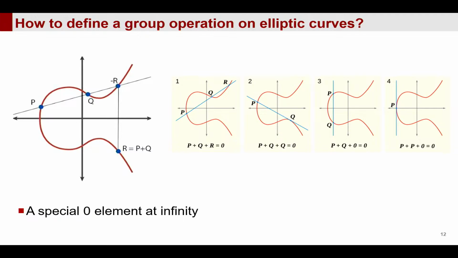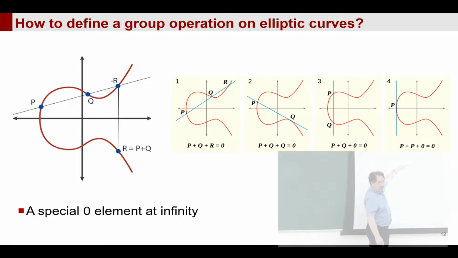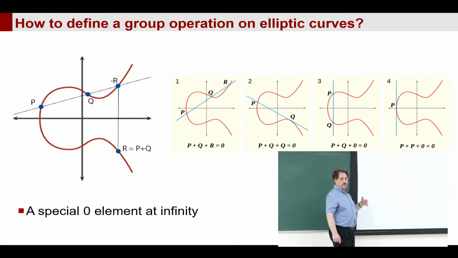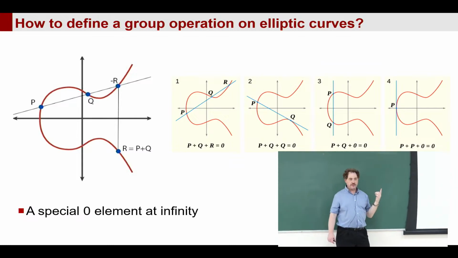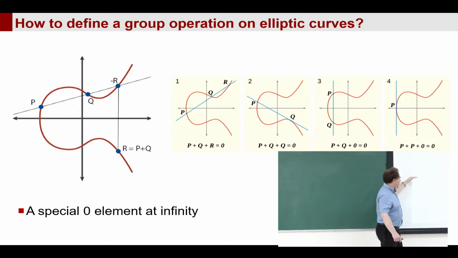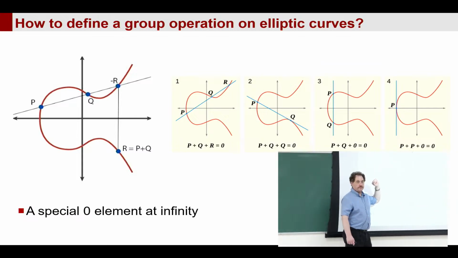It's not always the case. Obviously, I can put a line here and then there would be no intersection at all, or I can put it as a tangent, right? And then it would be only 2 points instead of 3. But most lines would intersect in 3 points.